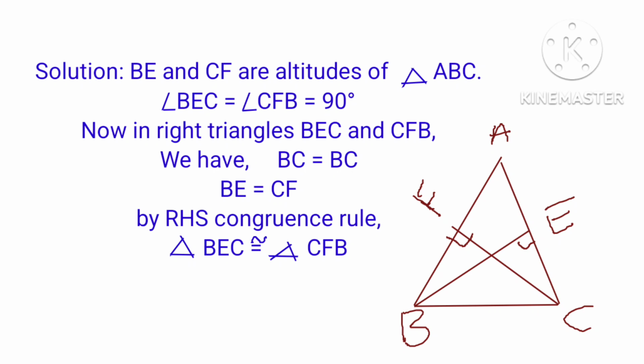Angle BEC is equal to angle CFB, that is 90 degrees. Now in triangle BEC and CFB, we have BC is equal to BC, that is hypotenuse, and BE is equal to CF, that is one side of the two triangles. So by RHS congruence rule, triangle BEC and triangle CFB are congruent.